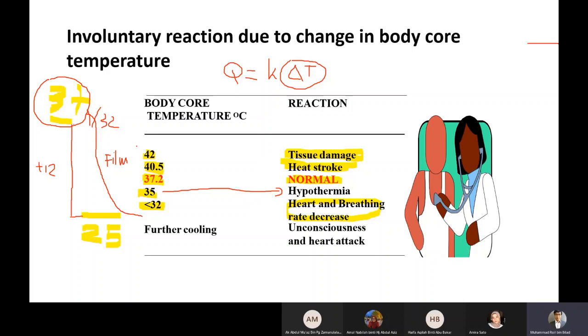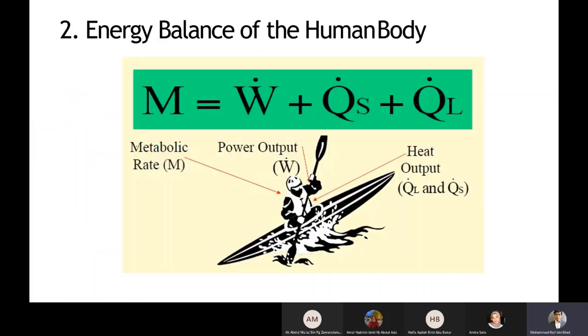And the conductivity of water is much higher than air. So you have to produce a lot of energy to maintain the body temperature. This is why if you go swimming in a river, especially cold water, you feel hungry very fast because of the high rate of metabolism to maintain the body temperature.